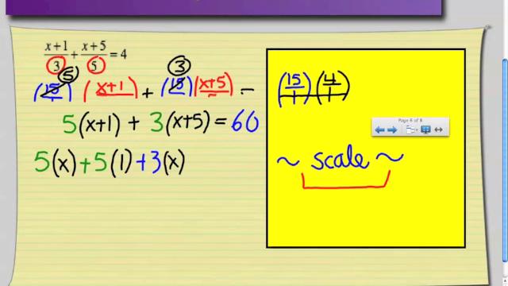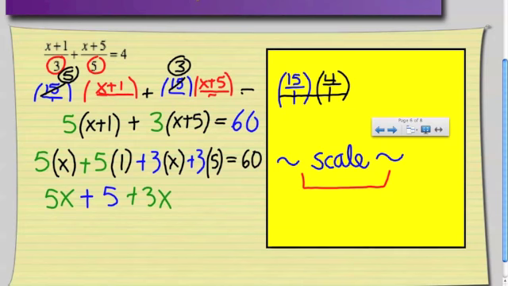And then I have positive 3 multiplied by 5 is equal to 60. So 5x plus 5 plus 3x plus 15 is equal to 60.